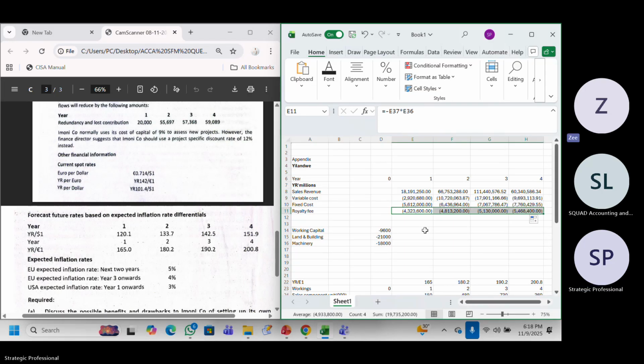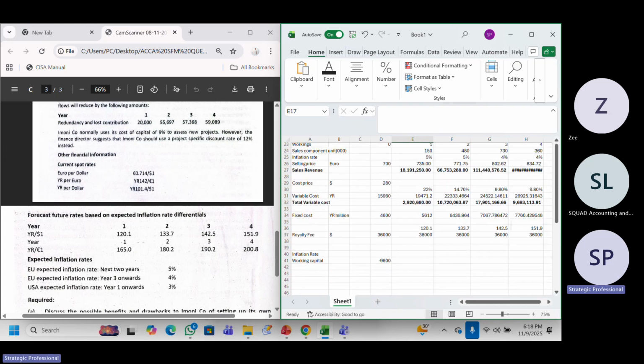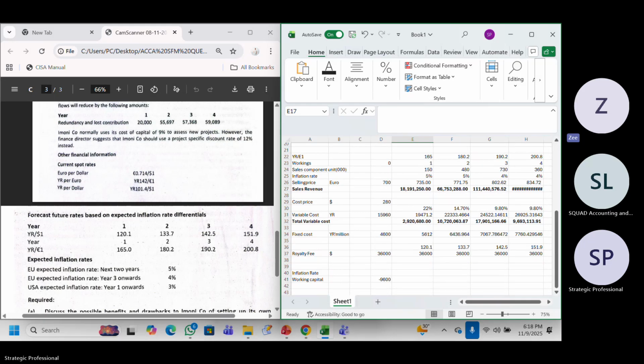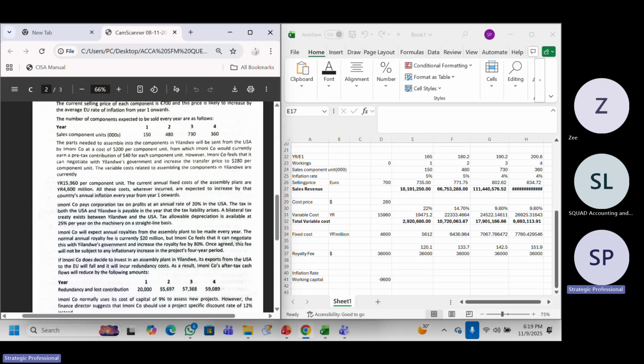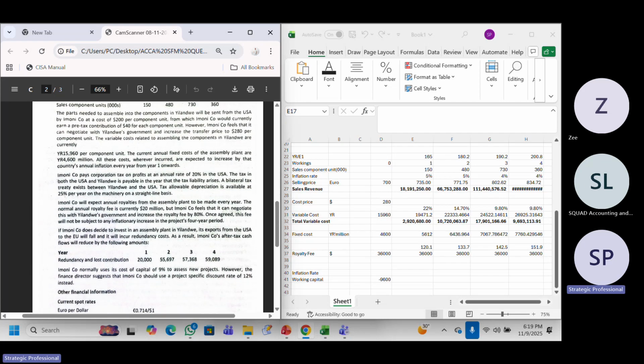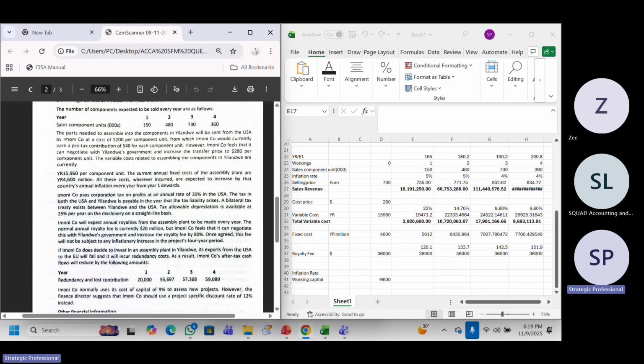I think there is one for assembling costs, that's the transfer price of it. So the transfer price, let's work on that one. Where's that transfer price again? Okay, 280.